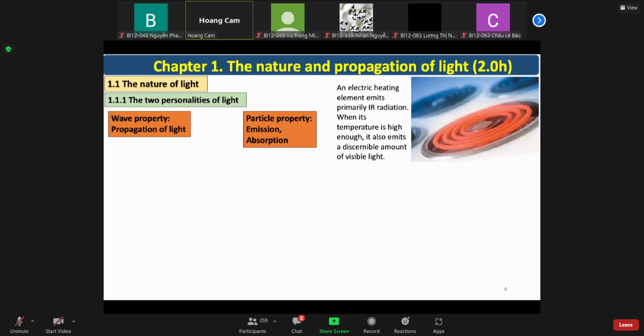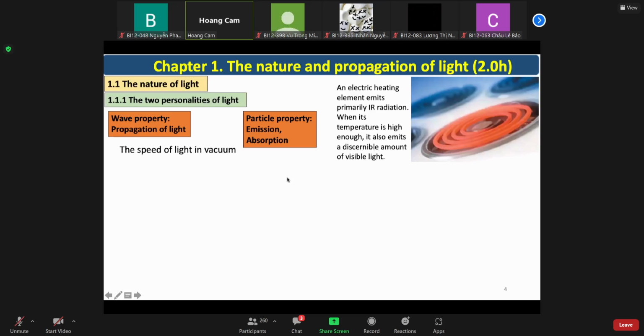And longer wavelength means smaller energy. So at first, it will emit primarily infrared radiation. And then when the temperature is high enough, it also becomes red like this one. So it emits a discernible amount of visible light, as we can observe here.